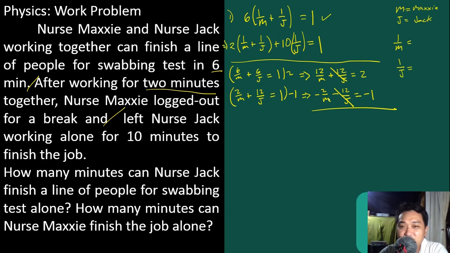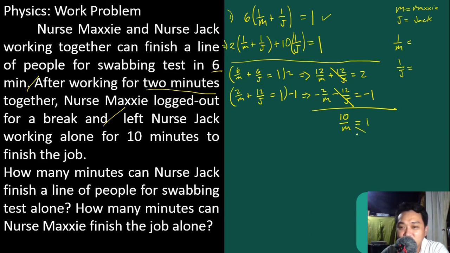12 over M minus 2 over M. So that is 12 over M minus 2 over M. Para dun sa mga hindi pa rin marunong mag-add, subtract, multiply ng fraction, please balikan lang po natin yung mga topic natin from our previous levels. So, 12 over M minus 2 over M. Copy the common denominator and subtract their numerator, that is 10 over M. Okay, so we have here 10 over M. How about this? 2 minus 1 is just 1.